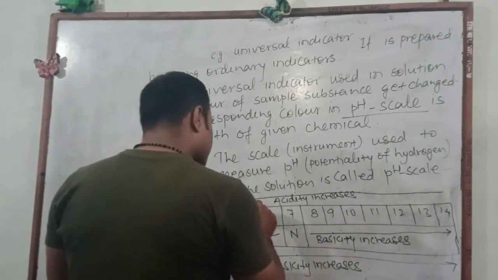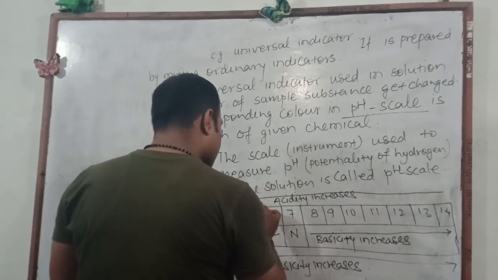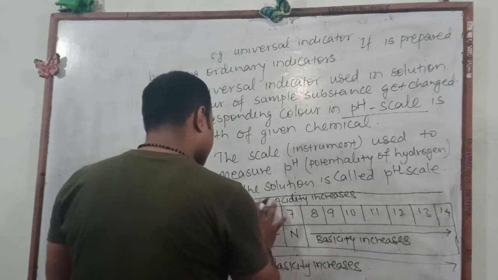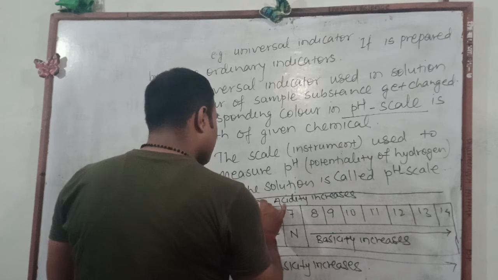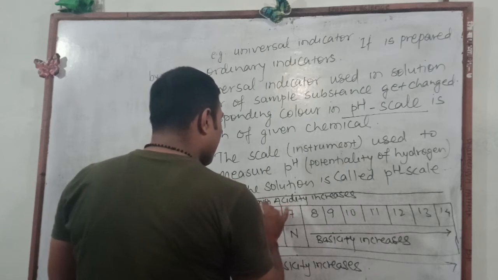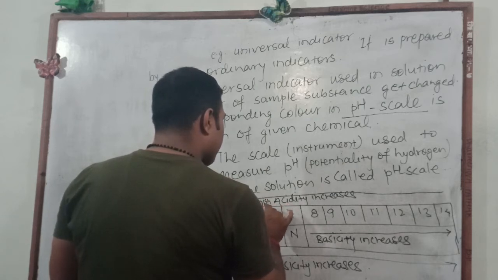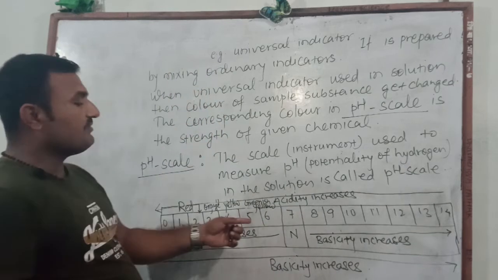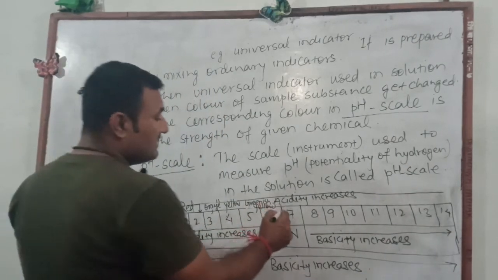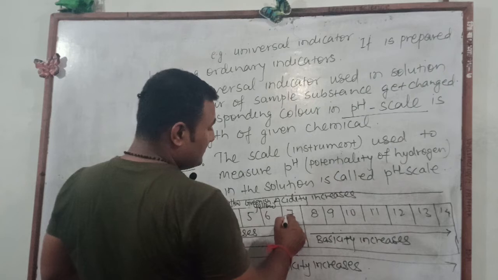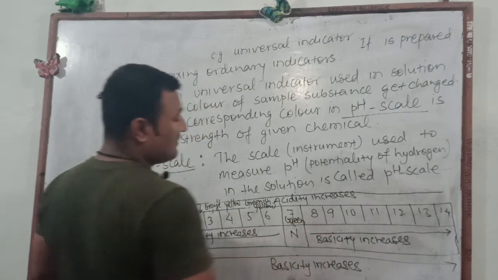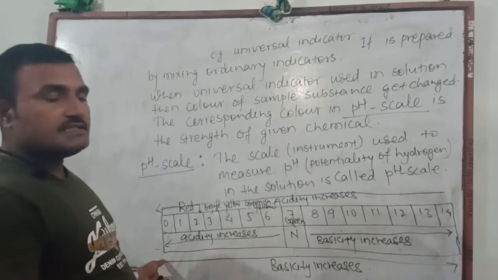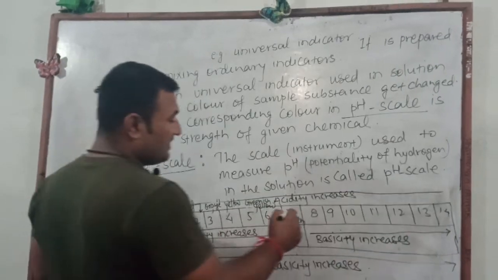Exactly 5, 6, greenish yellow, then its pH value is from 5 to 6. Exactly green, dark green found, then it is neutral, neither acidic nor basic.